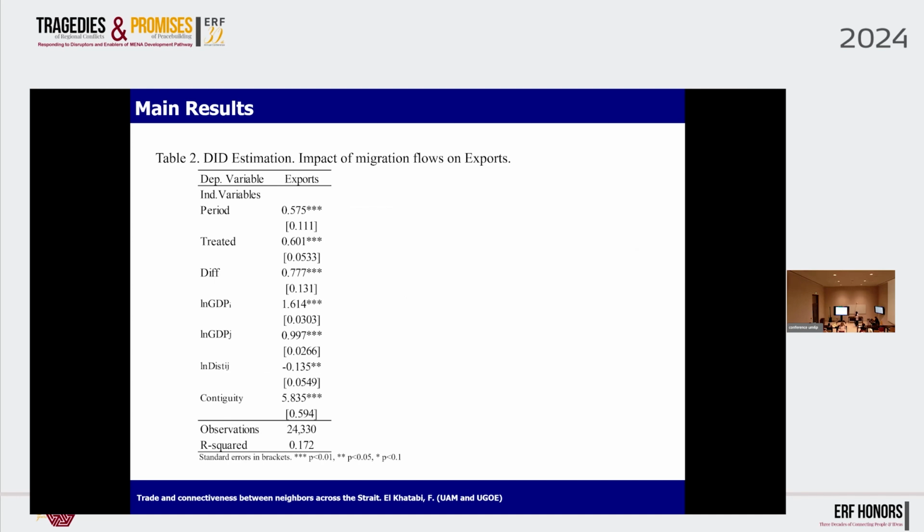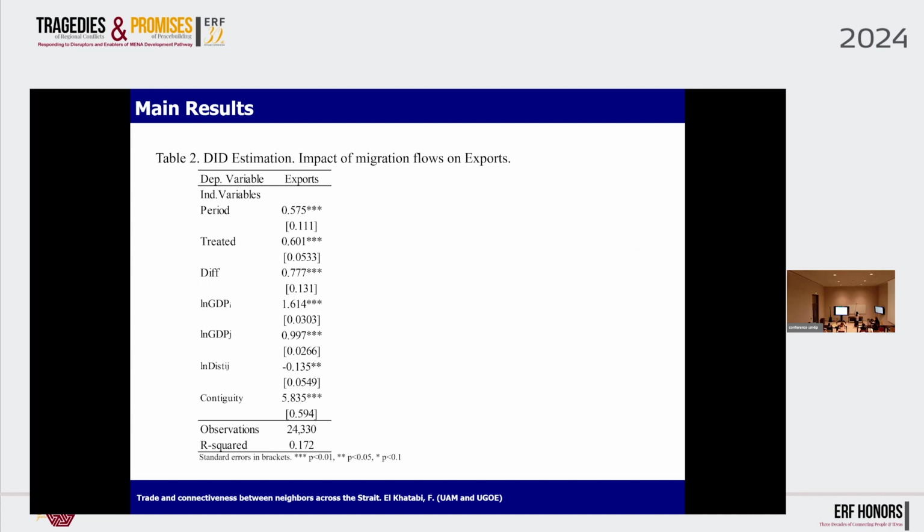we have this difference-in-differences estimation, in which we are going to see the impact of migration flows only on the export side. In this case, we try to see what is happening before and after the closure of this border, with a control group of less than 10% of the migration flows out of the total distribution, and a treatment group of more than 10%.